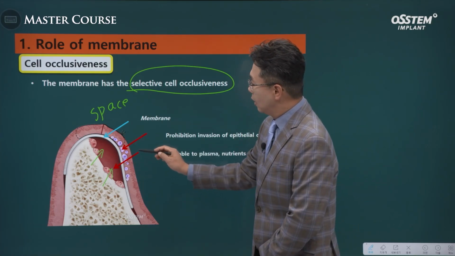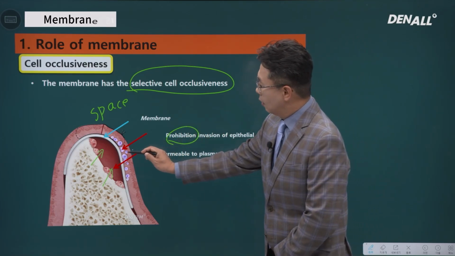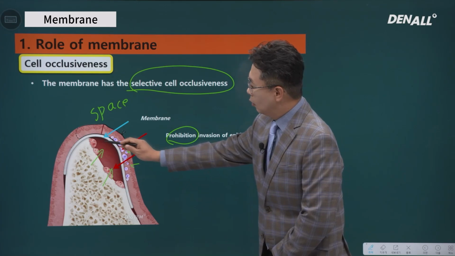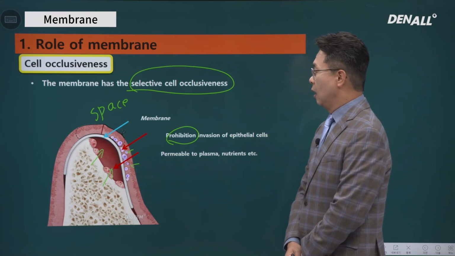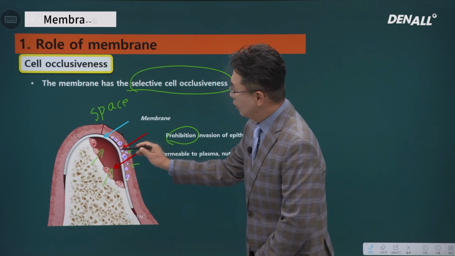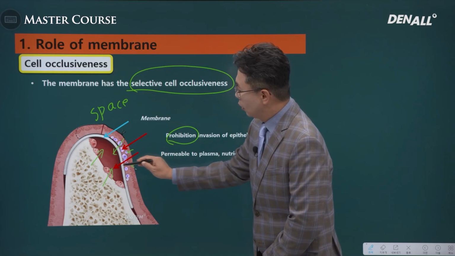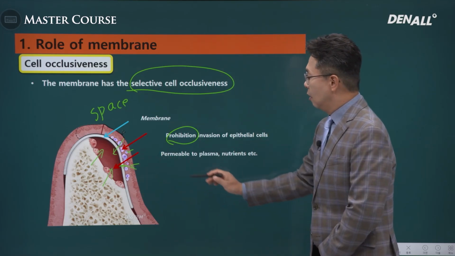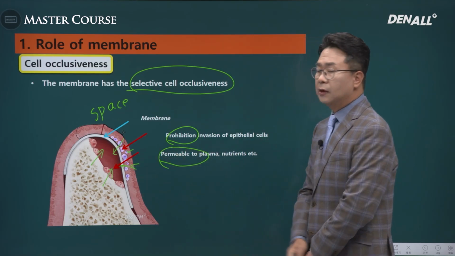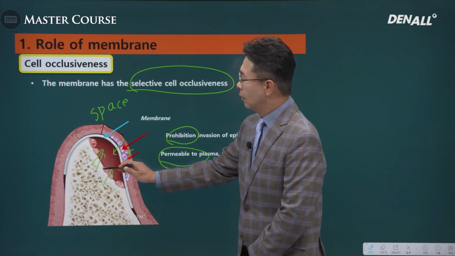In order to allow this, it needs to prevent epithelial cell or connective tissue cell invasion into the space. Another point I would like to accentuate is that it should be permeable to plasma and the nutrients so that the nutrients can go in here. The bony tissue will be able to grow much faster if the nutrients are available.